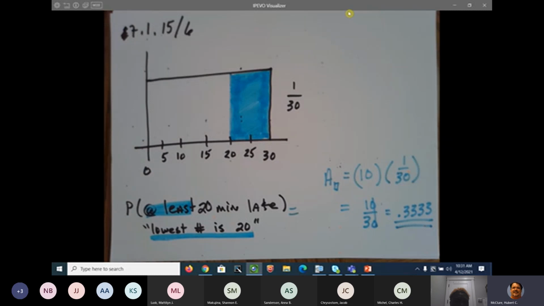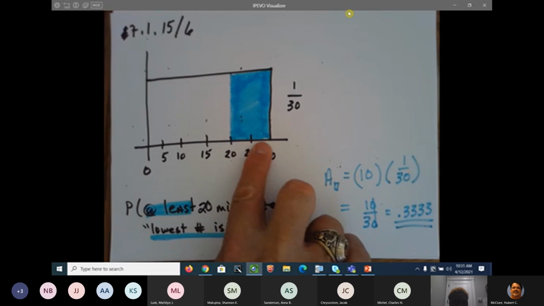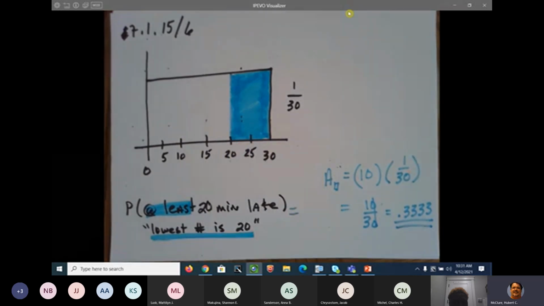Hubert, how come it says the base is 10? Isn't the base the line on the bottom? Yeah. What's the base of that blue rectangle? 20.